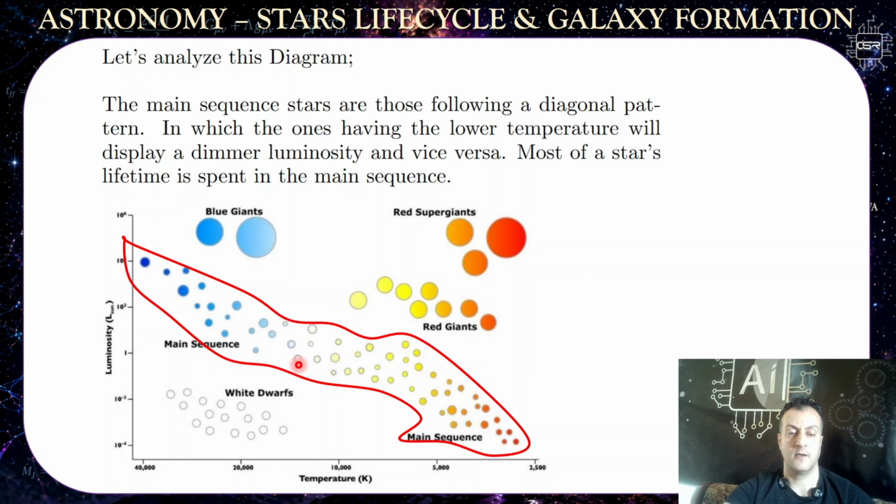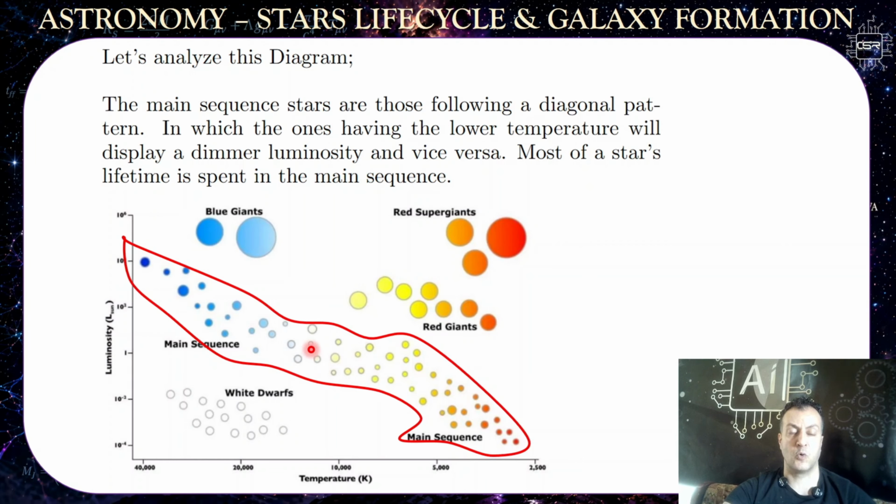And you notice here, the ones having higher temperatures would emit a higher luminosity. The ones that become dimmer would drop to lower temperatures while emitting a lower brightness, a less intense luminosity.